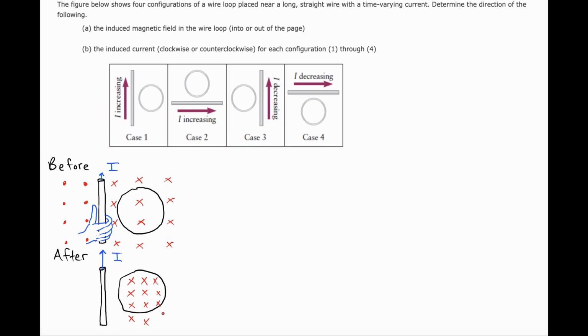And we can see how the magnetic field in the loop is changing because of the increased current. And there's going to, of course, be more dots over here, but that doesn't really matter to the problem.